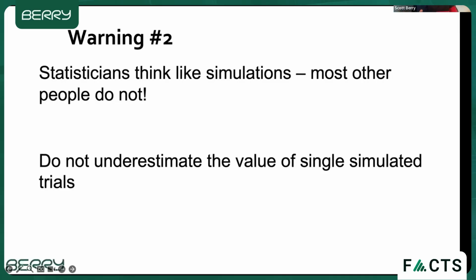So if you do a simulation, you just throw out their operating characteristics, they don't know what those mean. Even though they're trained on what power is and what type 1 error is, I'm not sure they know what it means. I did this once where somebody wanted to start looking at adaptive designs, and their initial design was 80% powered for a delta.